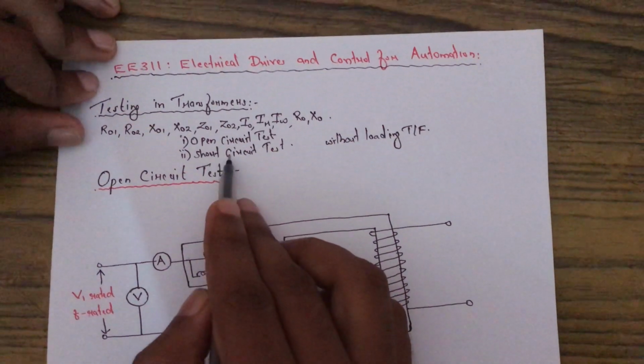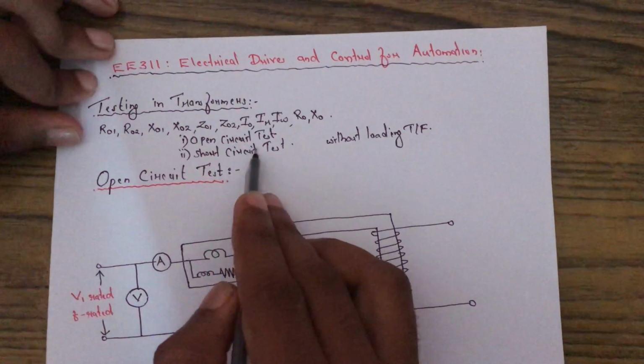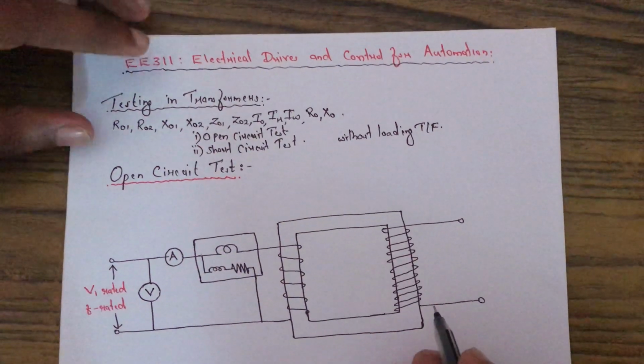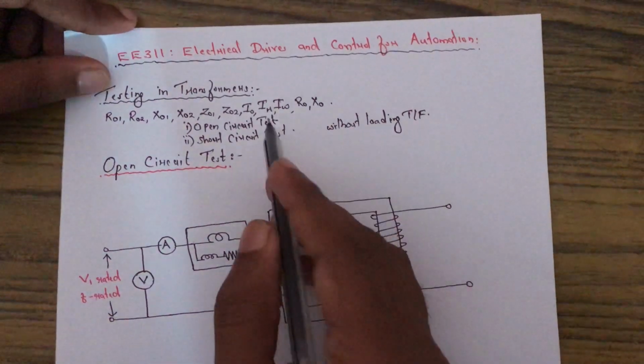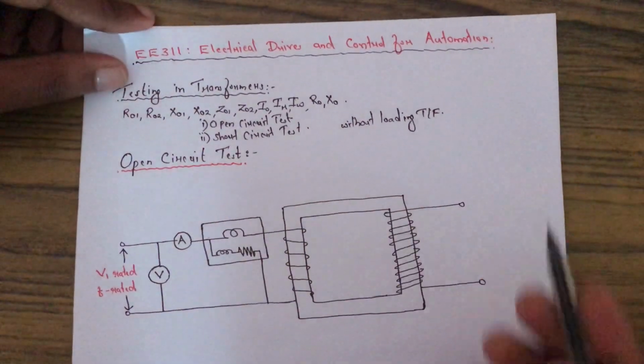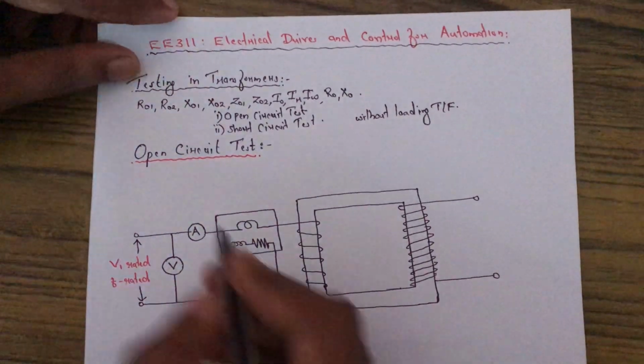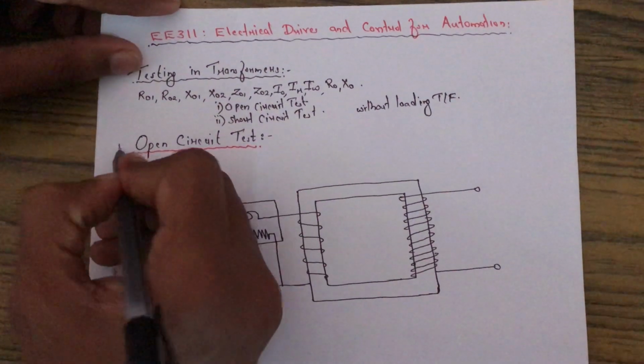Therefore these two tests are very economical and easy to conduct. Thereby we can find all the parameters of a transformer with the help of open circuit test and short circuit test. So let us see the first one, the open circuit test.